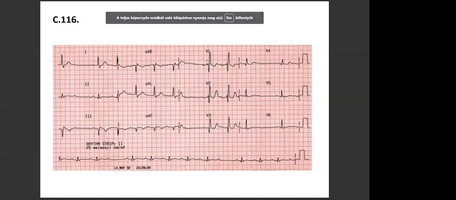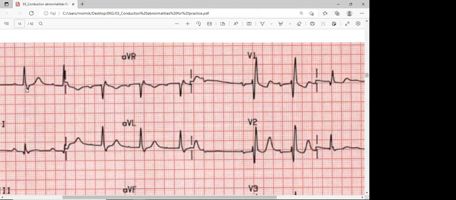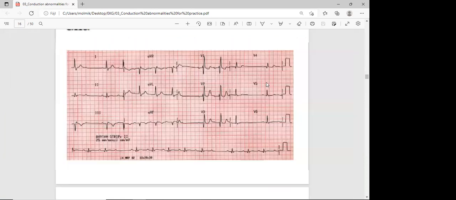You do see this RSR in V1. And on the left side, you do see a slurred S wave. So this is a right bundle branch block. And you do have second degree Mobitz type 1 AV block. Okay, good.